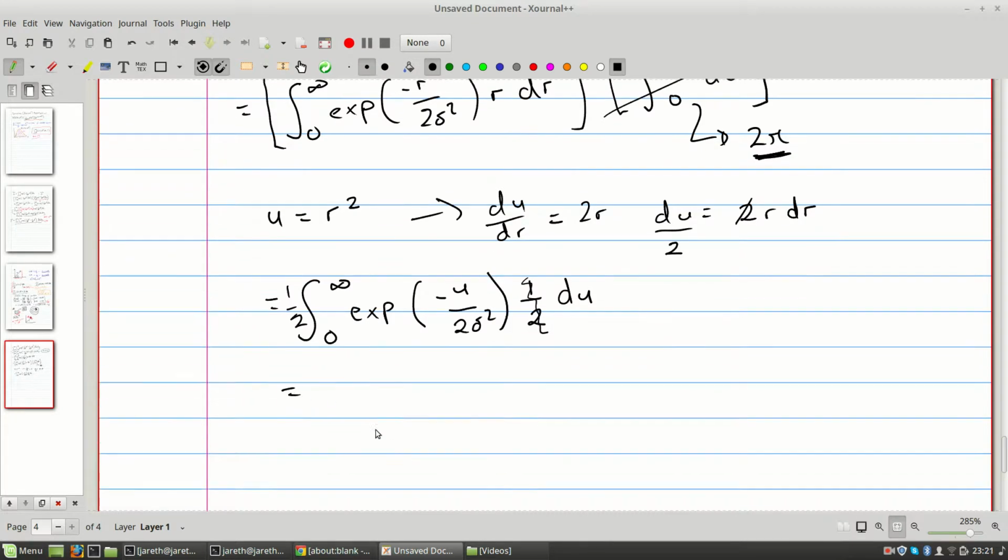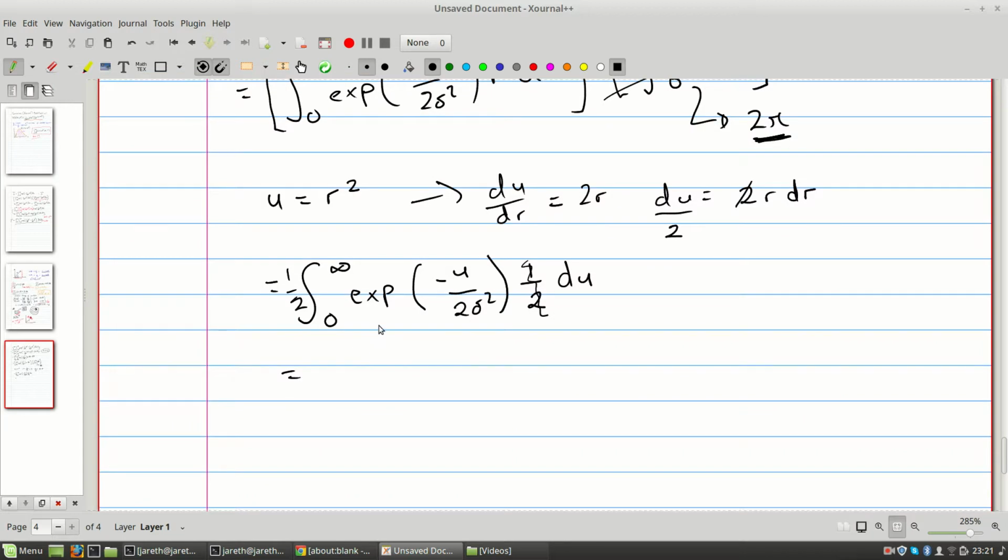And this is equal to 1 over 2 times, right? So how do we integrate this? We need to take the inverse of the derivative of what's inside, rather, I should say. And this is what we're actually going to make use of in this case.